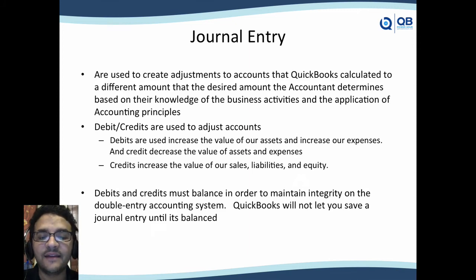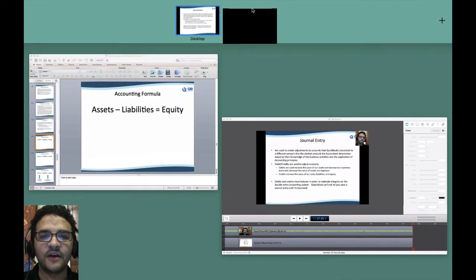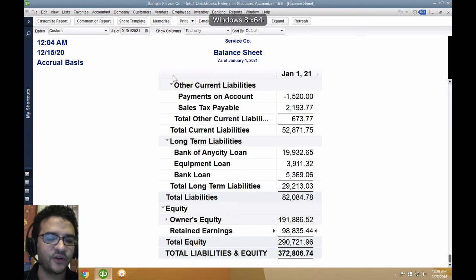Now, at the end, debits and credits must balance. That means that we need to have integrity of the double entry accounting system, and QuickBooks won't let you do an unbalanced journal entry. So that's fine. You don't have to get too worried about the whole balancing concept. Now let's go and do a journal entry in QuickBooks.